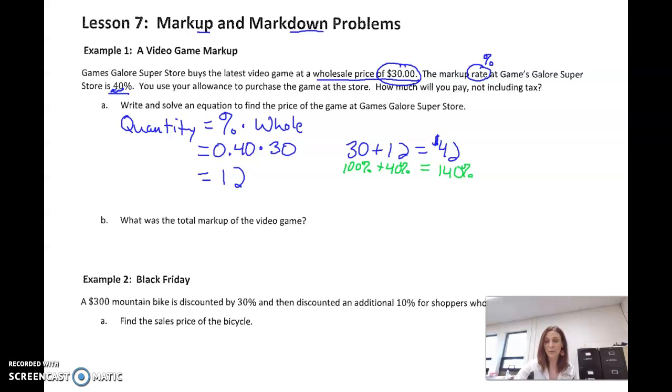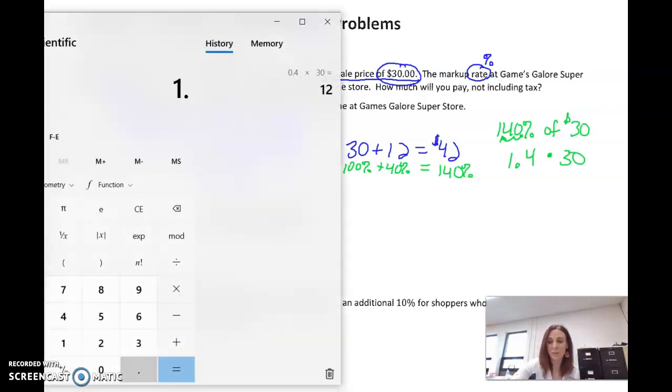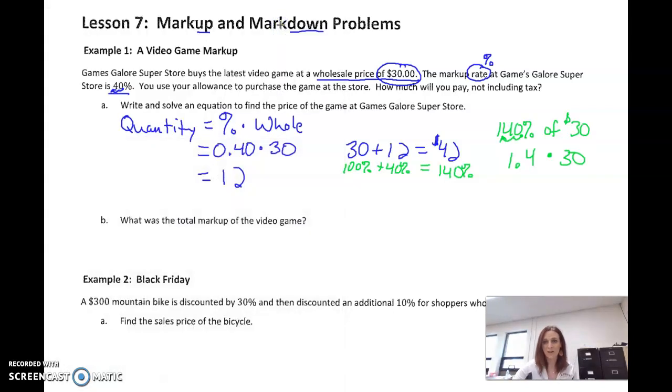So if we take 140% of $30, I move the decimal point over twice and get 1.4, percent times whole, times 30. If I take a calculator and go 1.4 times 30, I get 42. So notice I get the same price.